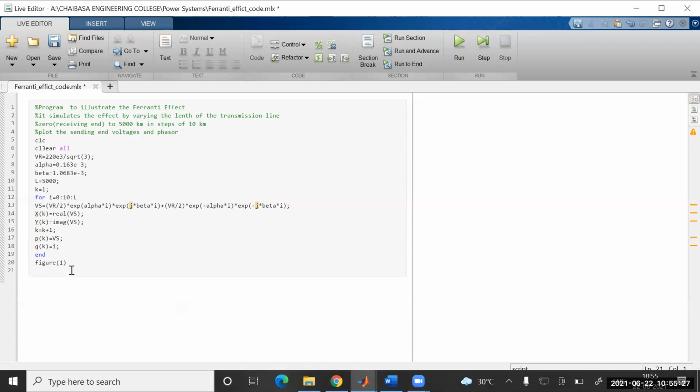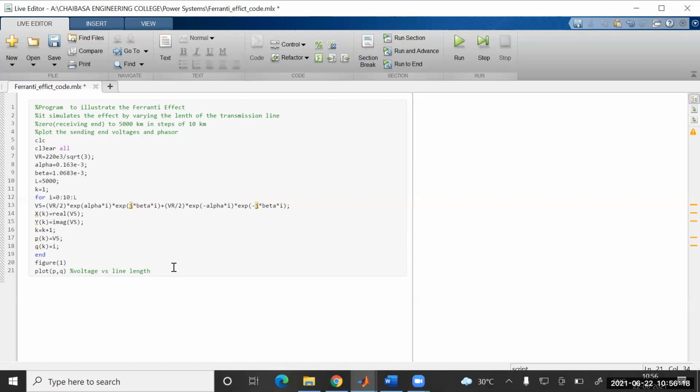Figure 1 would be plot p, comma q, that is voltage versus line length.